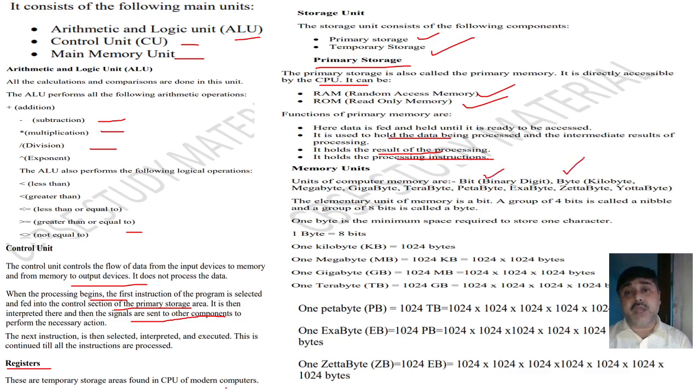Memory is stored in a byte, then kilobyte, megabyte, gigabyte, terabyte, petabyte, exabyte, zettabyte, yottabyte. All these sections represent your memory power.